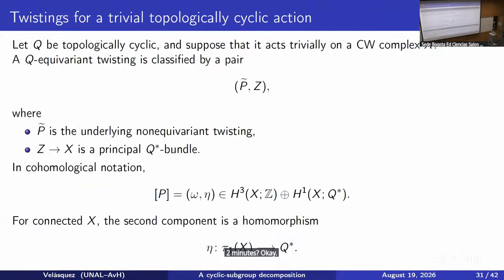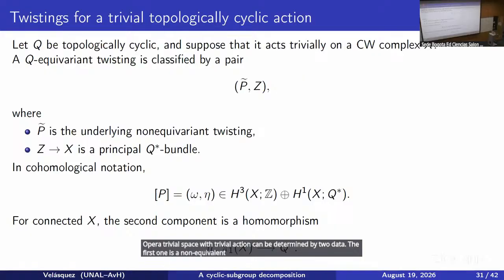So the idea is that when we have a twisting over a space with trivial action, it can be determined by two data. The first one is a non-equivariant twisting and a principal bundle.